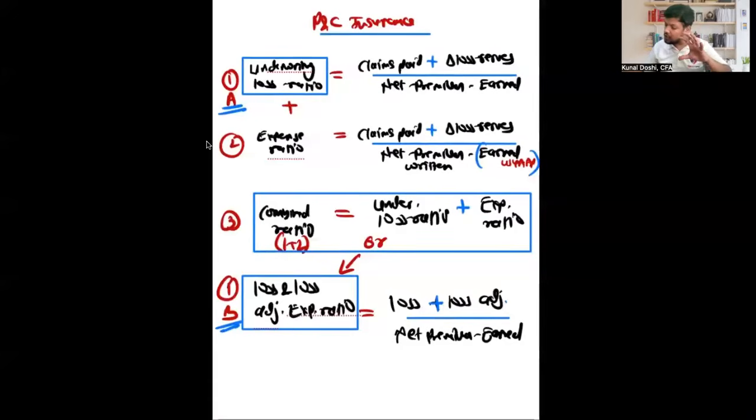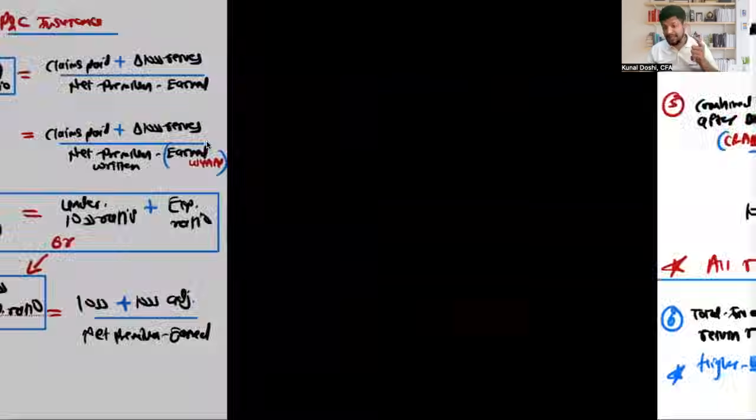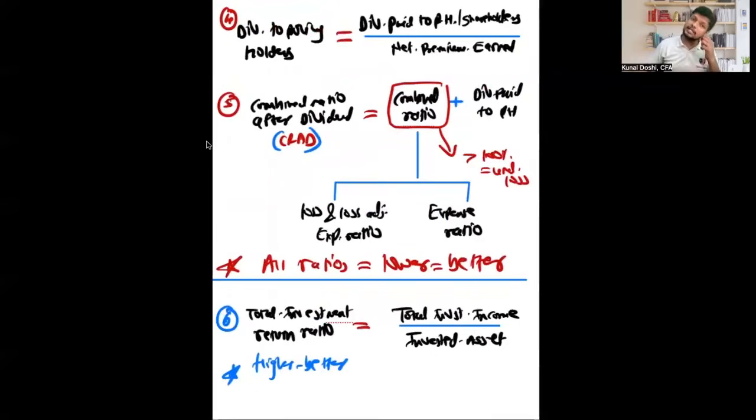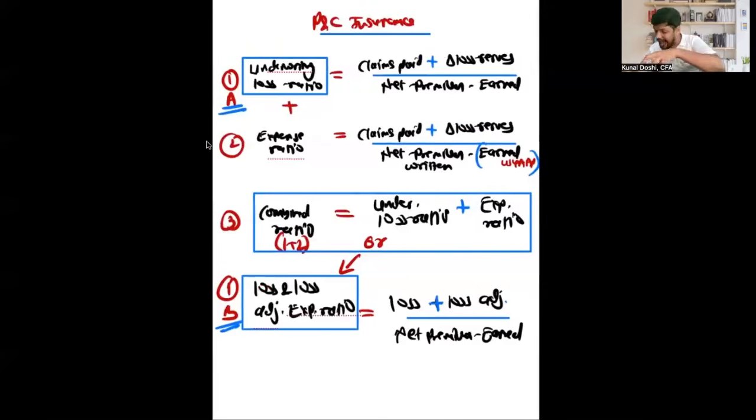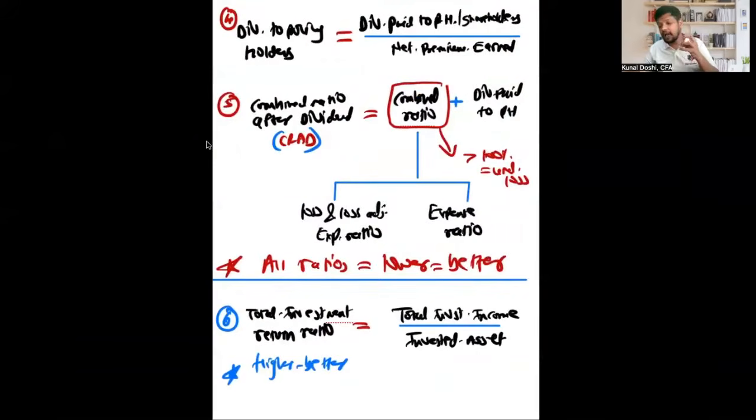So now, put together, you have actually three ratios and two combinations of them that you need to remember. One is the underwriting loss and expense ratio. Put together it is the combined ratio, both of which are on net premium earned. You want it to be lower. Then there is the dividend to the policyholders, and when you combine it with the combined ratio, it's called the combined ratio after dividend.